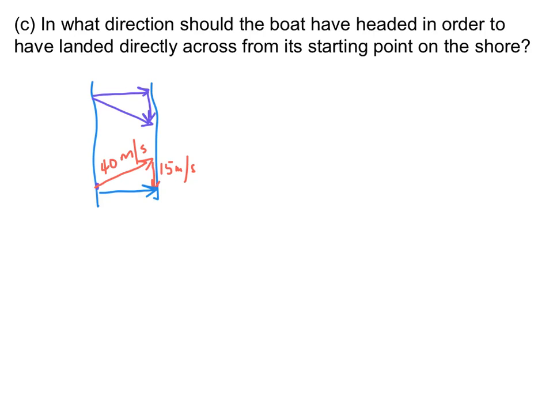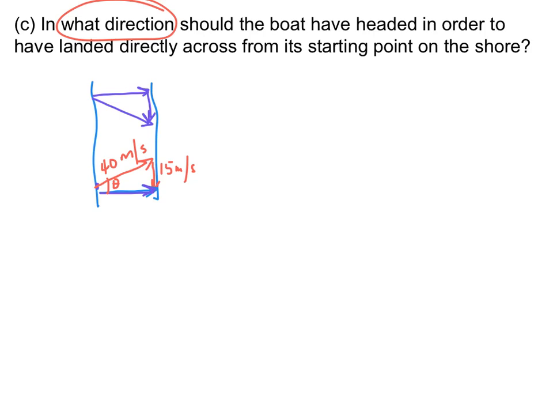What's different here is the boat's speed, as if it were in still water, is actually the hypotenuse of our triangle. If we were trying to find this speed, we would use the Pythagorean theorem, but we would subtract: 40 squared minus 15 squared. But that isn't what's being asked here. I just want to know what direction the boat should be heading. So really I'm trying to figure out this angle right here.